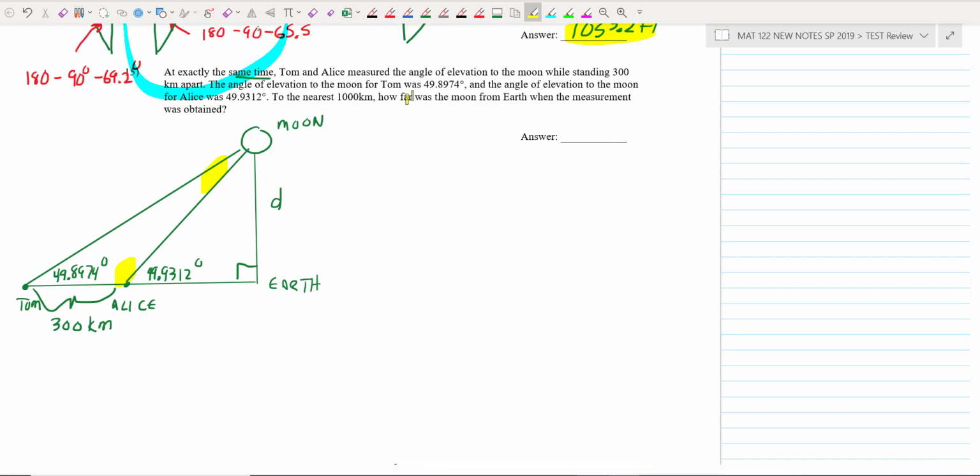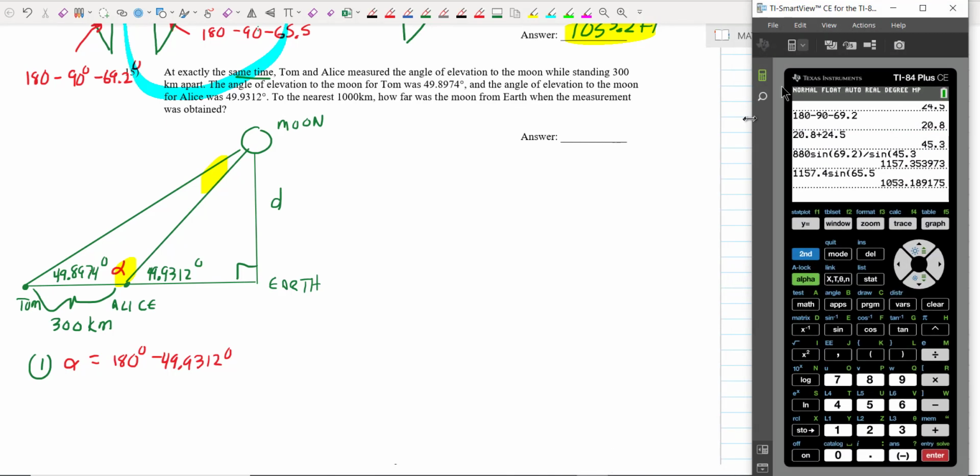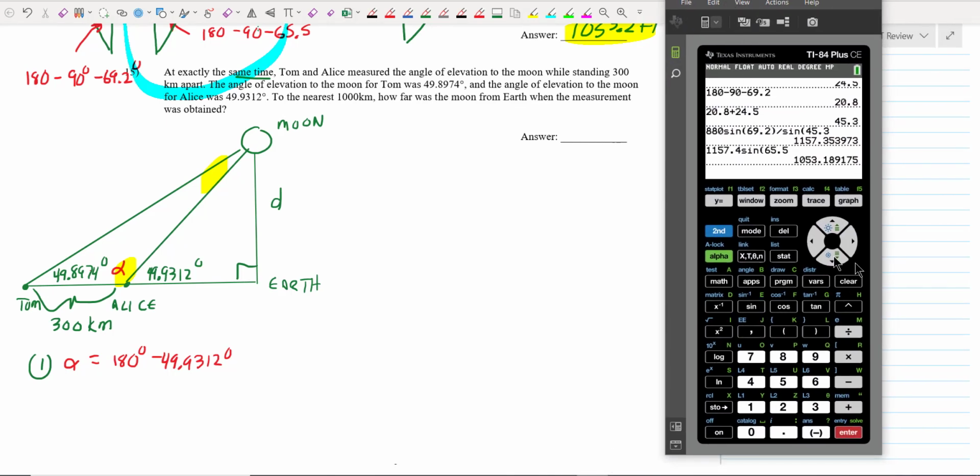So in the beginning of this problem, I'm going to find this angle here, which I'll call alpha. Since it's a straight line, alpha would be 180 minus 49.9312 degrees. That gives me the angle next to that, and then enough information to figure the angle at the top of that oblique triangle.